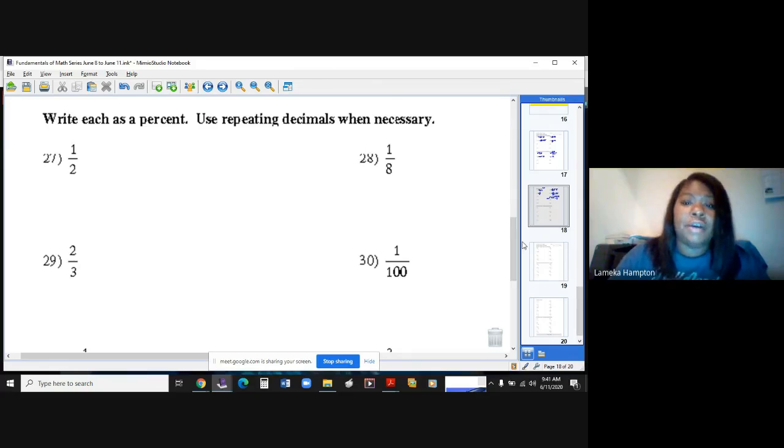Now if your fraction has a denominator that is a factor of 100, such as 2, 4, 5, 10, 20, 25, and 50, then you would simply multiply by whatever other number would give you 100. So I'm going to do number 27. Number 27 is the only one that I can do this way.